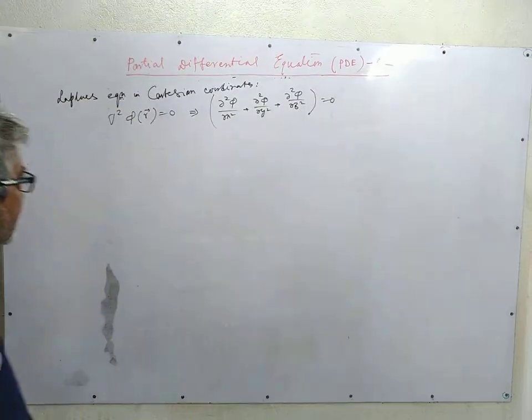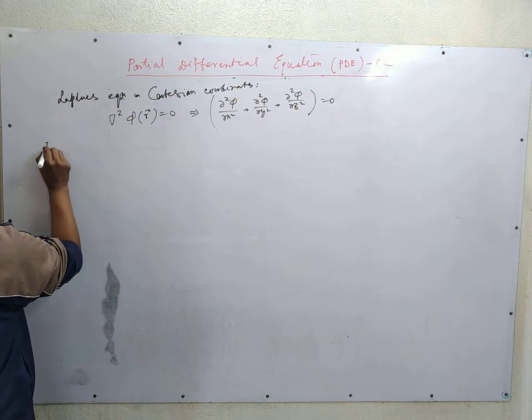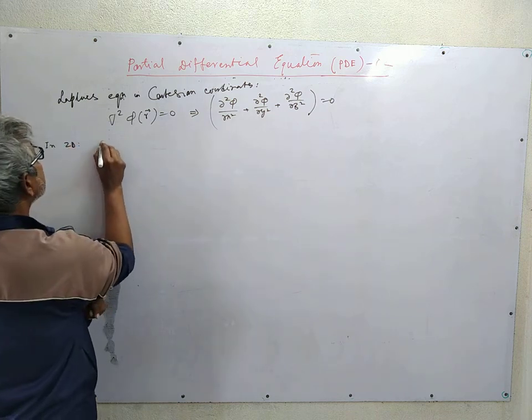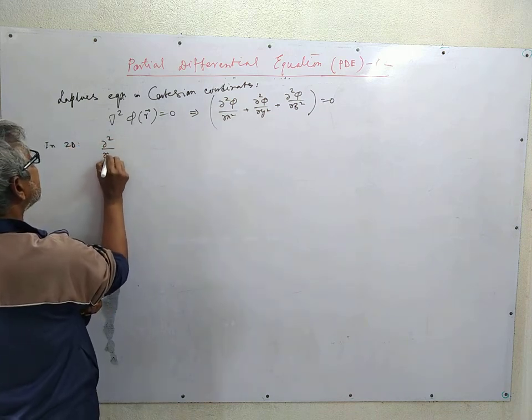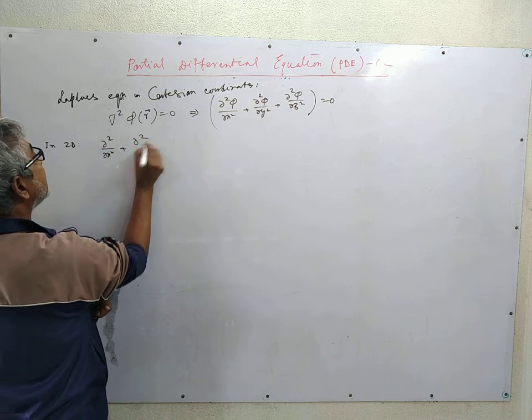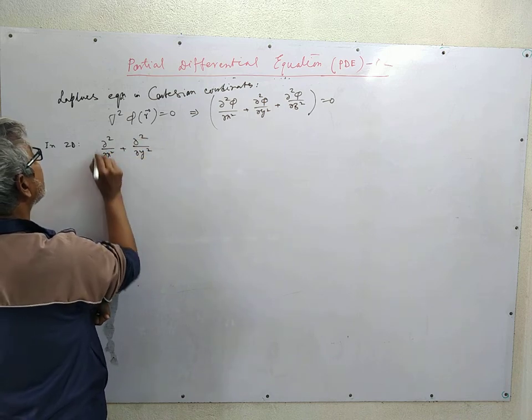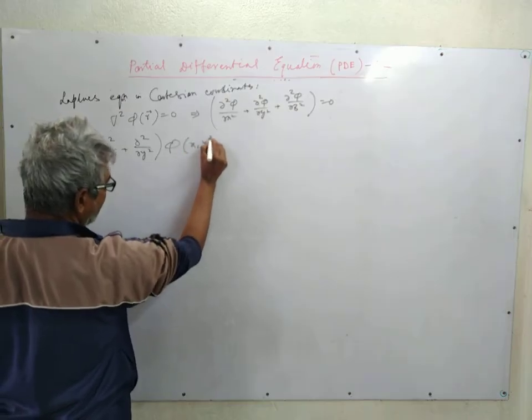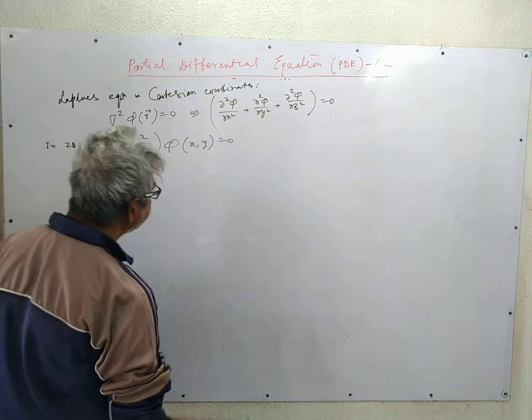In 2D, which means x and y, this equation is del squared by del x squared plus del squared by del y squared, operating on phi, where phi is a function of x, y, equal to 0.